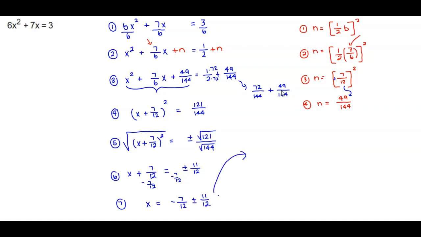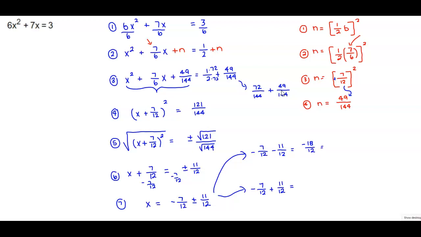That means we're going to get two solutions. We get negative 7 over 12 minus 11 over 12, and then negative 7 over 12 plus 11 over 12. Negative 7 minus 11 is negative 18 over 12. Now we need to reduce negative 18 over 12.